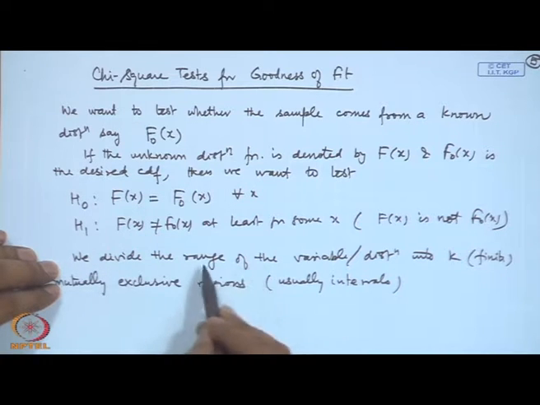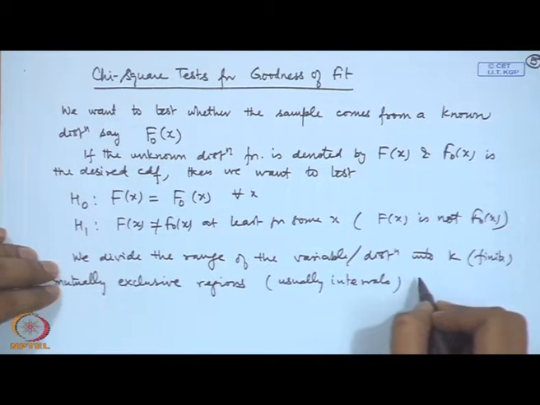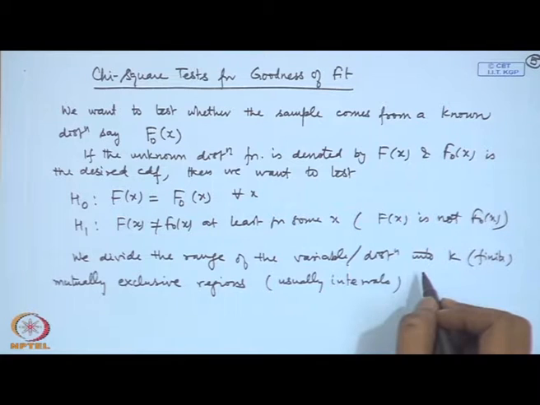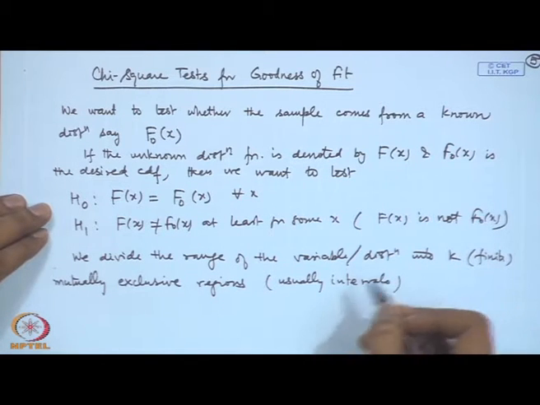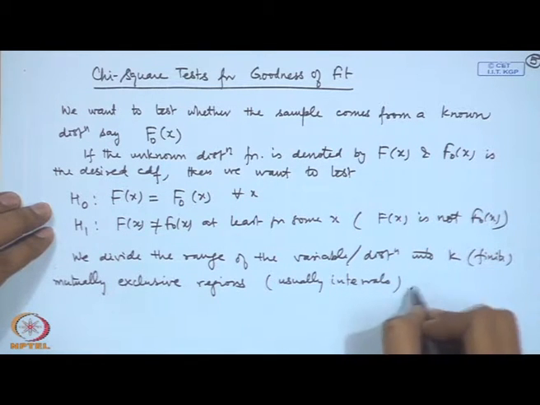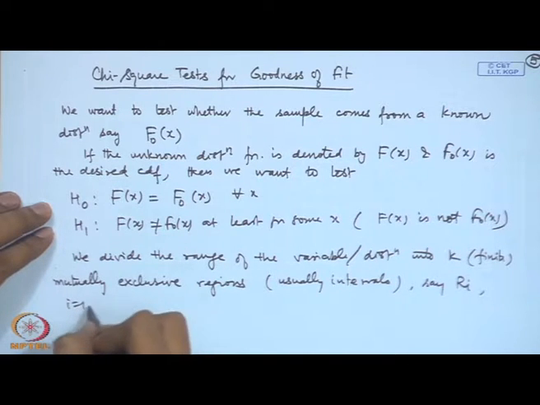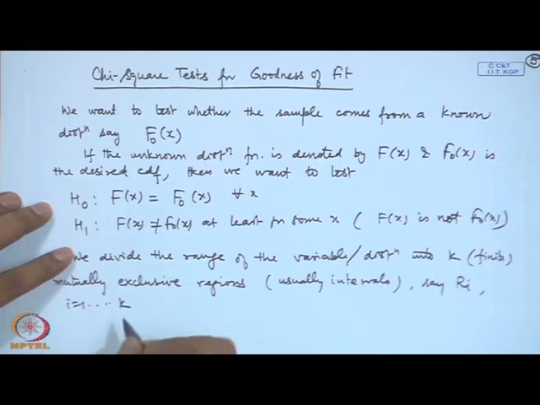So, we divide the range of this, that means, we are actually getting some k regions, such that we can give some name here, say R i's, i is equal to 1 to k.